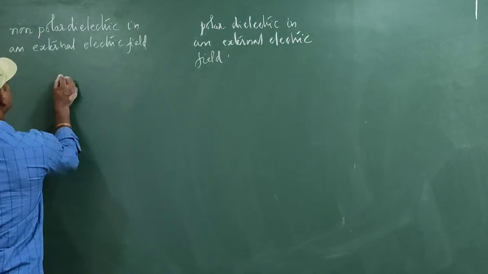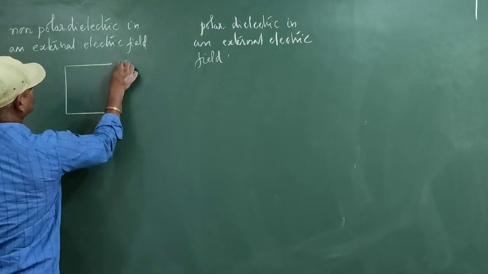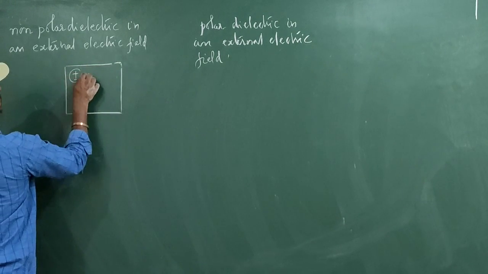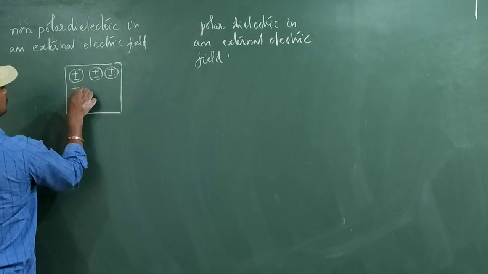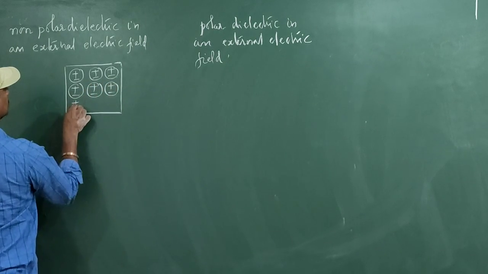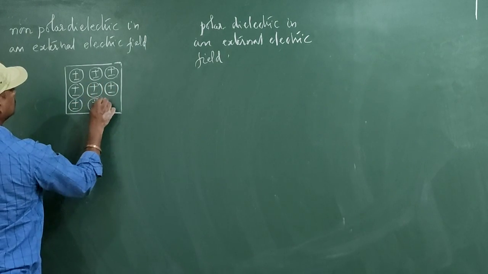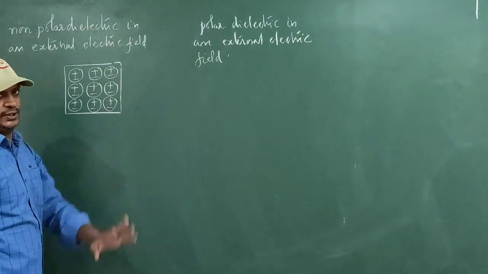So for example, this is a non-polar dielectric slab. There is no field.